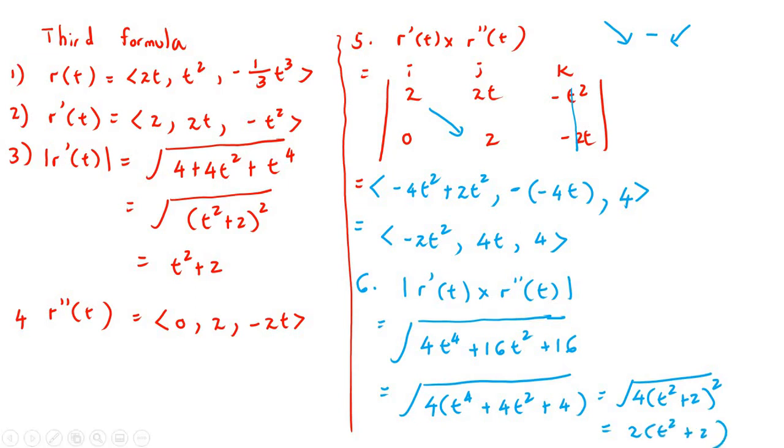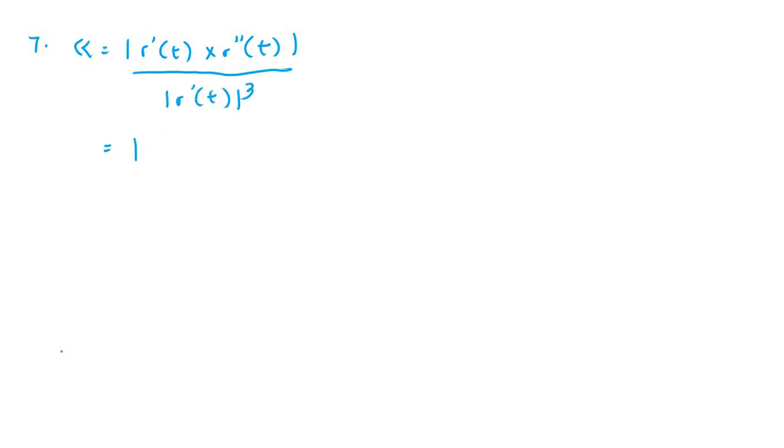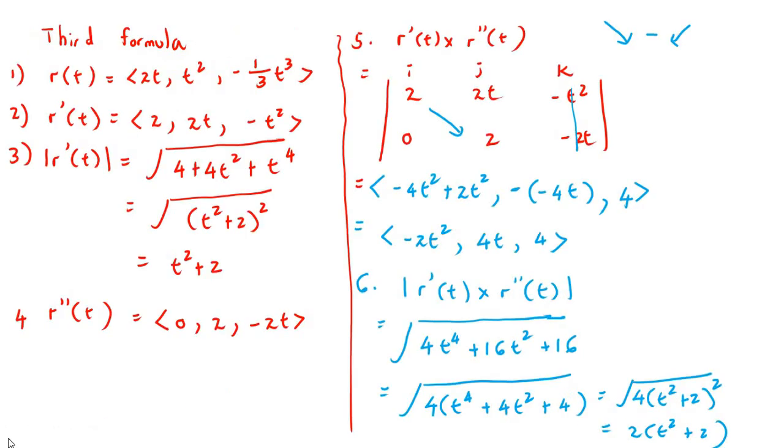Then 7: kappa is the magnitude of R prime t cross R double prime t divided by the magnitude of R prime t power 3.